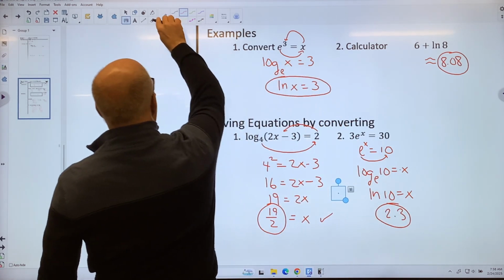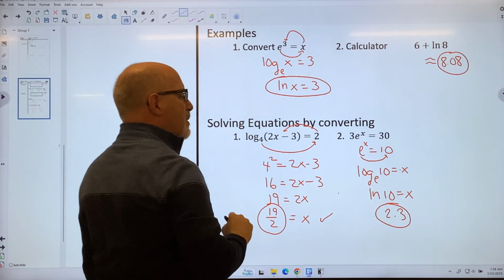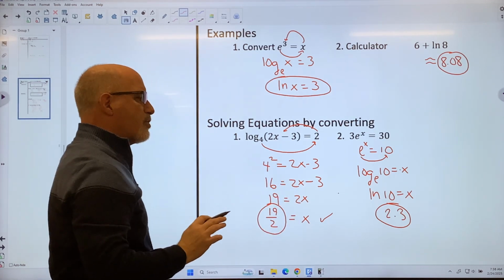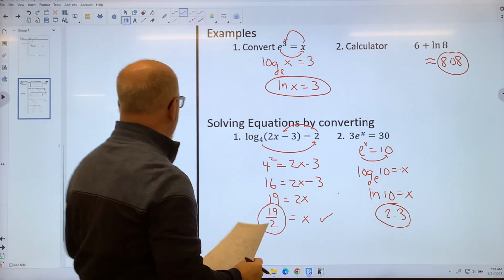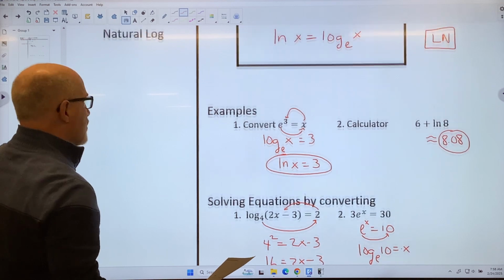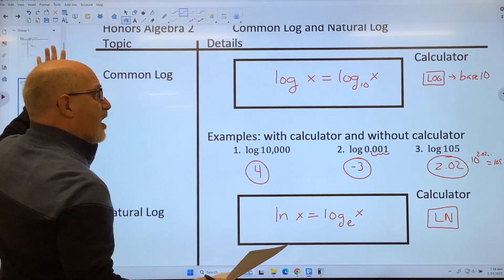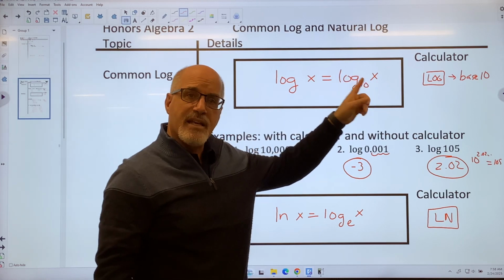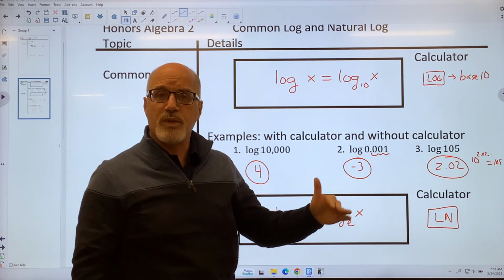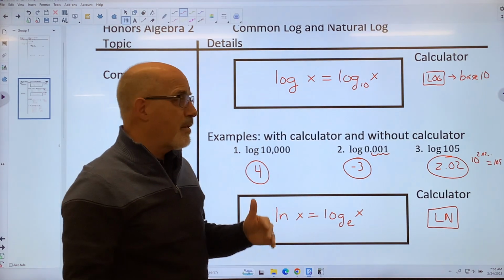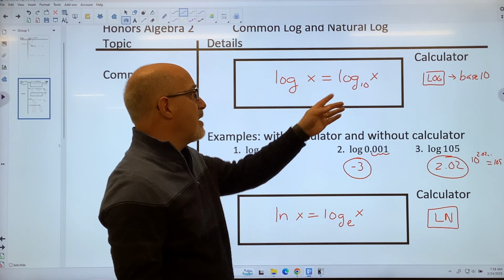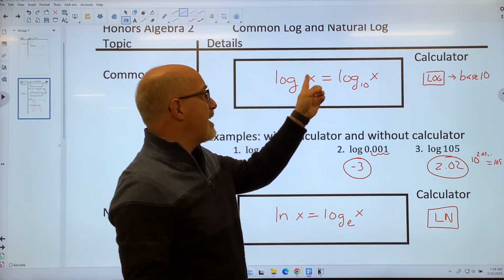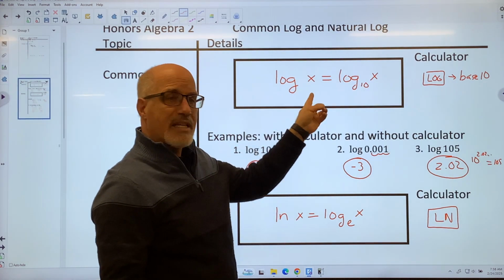Okay? Now, what we have to remember on these is that we've introduced 2 new notations. We've introduced the idea of if there's no base listed on a log problem, it's implied to be base 10, because that's the common base we use in our number system. We're a base 10 number system, so base 10 is the one that we assume when it's not listed.